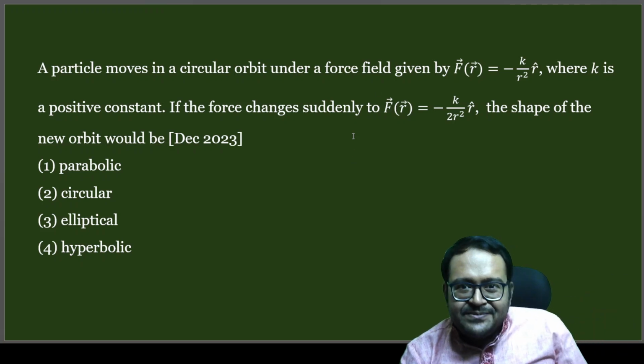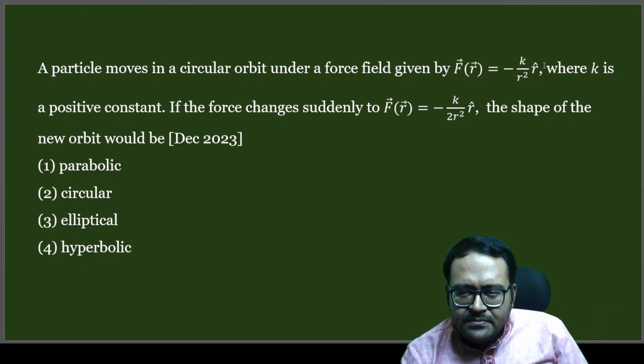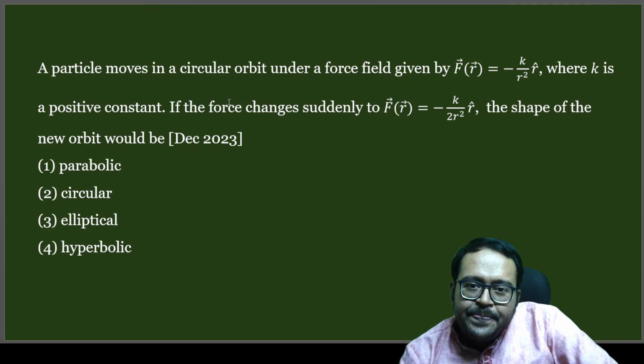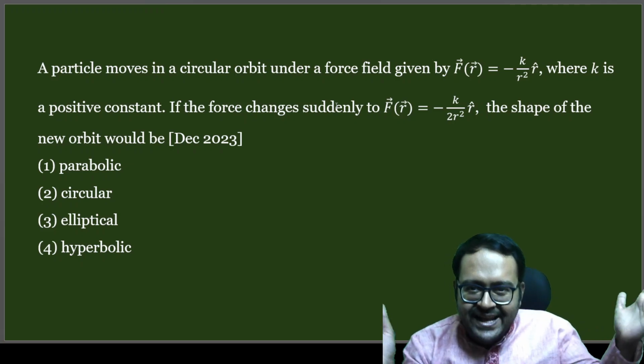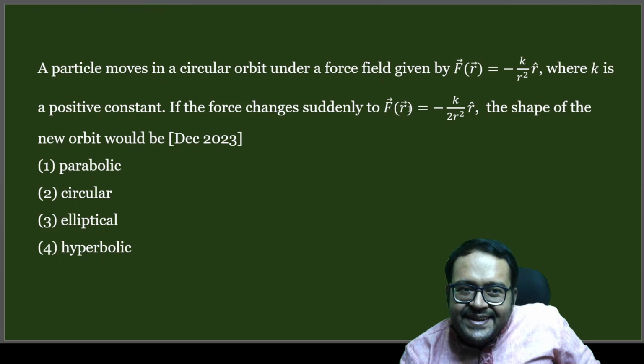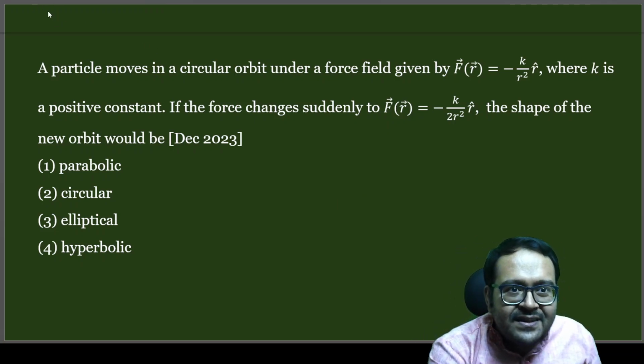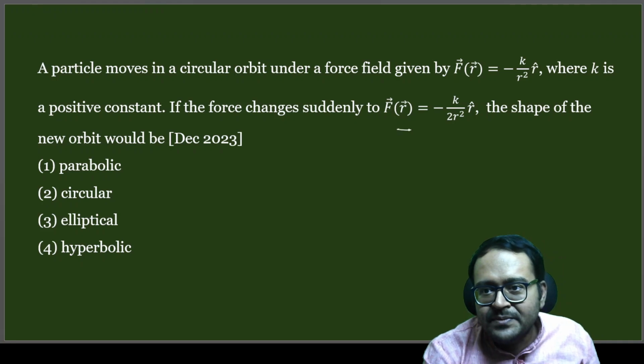A very new problem. A particle is moving under an inverse square law, a gravitational force. The force changes suddenly. What would be the shape of the new orbit? Think about what will be conserved here.